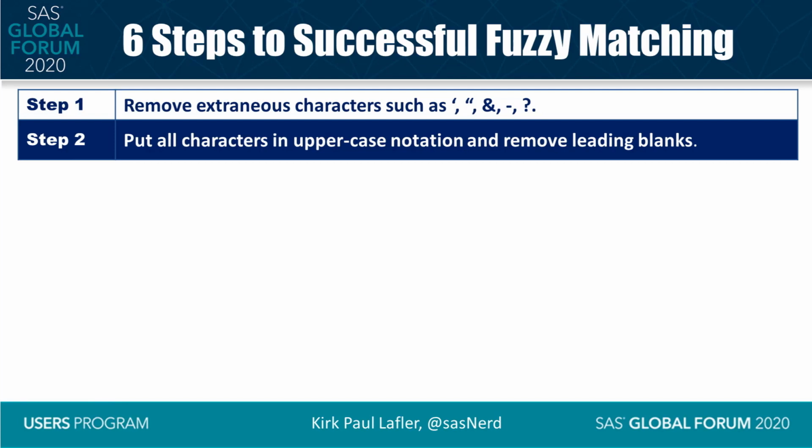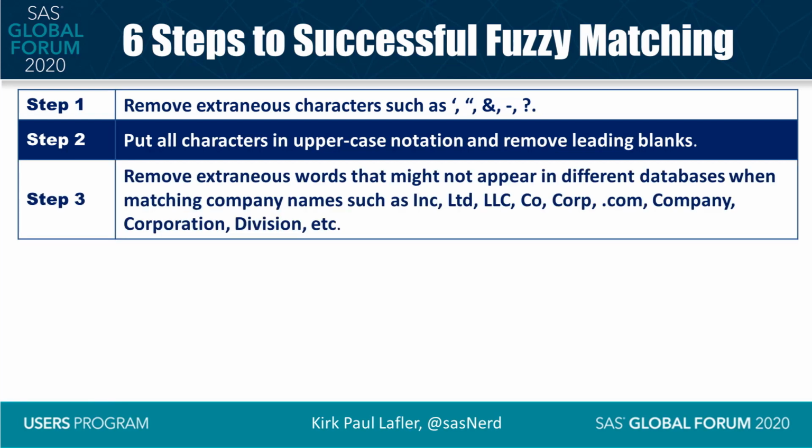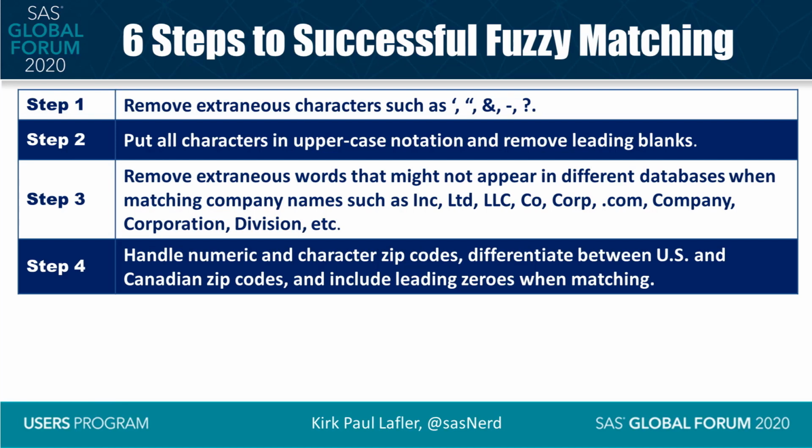Step 3, remove extraneous words that might not appear in different databases when matching, that could be causing problems with the matching process. Step 4, handle numeric and character zip codes, differentiate between US and Canadian zip codes because they are different, and include leading zeros when matching.